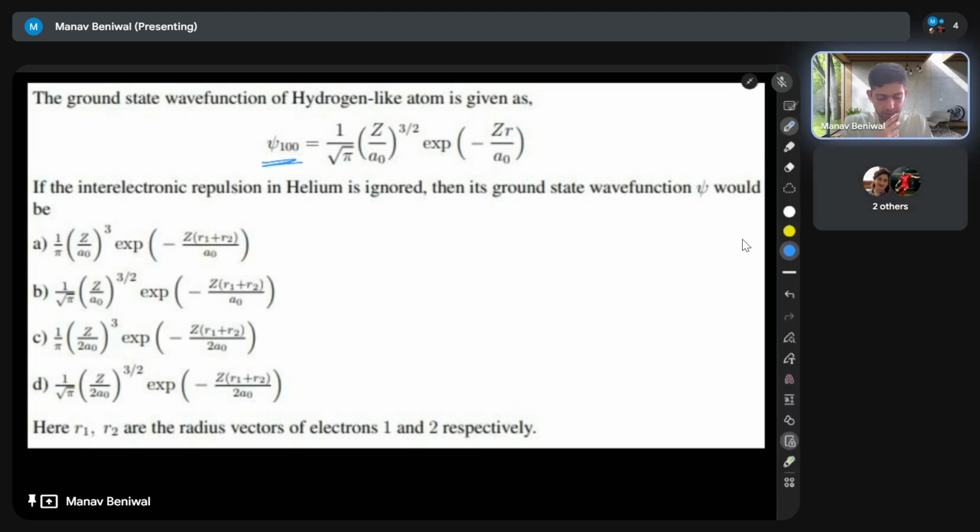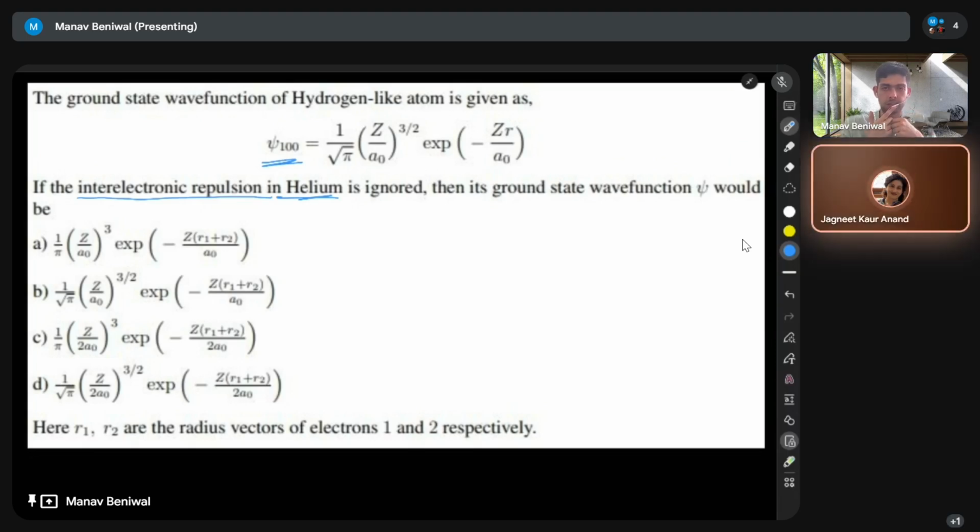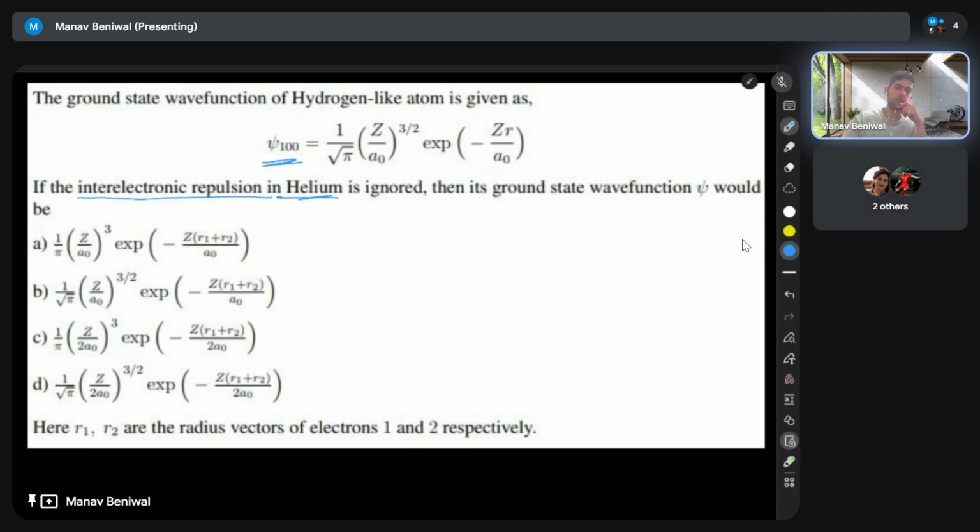Now we are asked about the inter-electronic repulsion, in helium. Helium will have how many electrons? It is not He plus, it is just He, so it has 2 electrons.